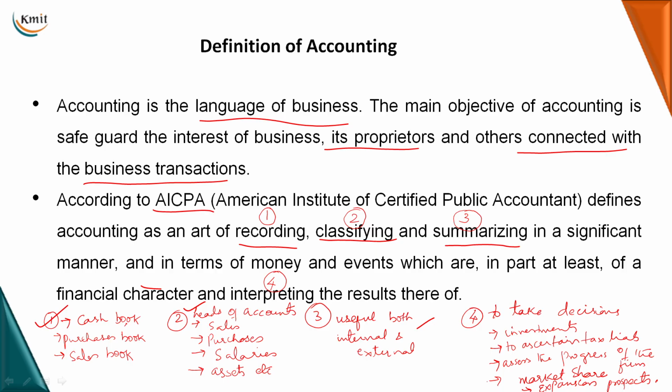Appropriate decisions come as a part of interpreting: to take decisions regarding investments, to ascertain the tax liability, to assess the progress of the firm, to decide its market share, and to identify the further prospects of expansion of the business.